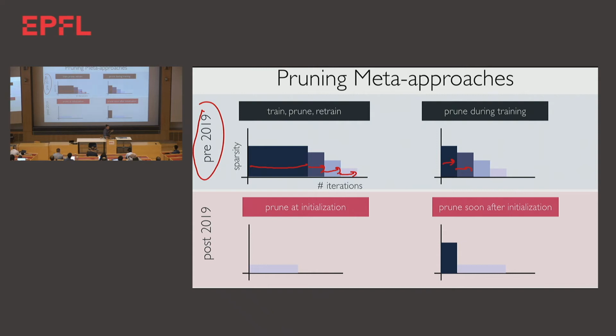For the post-2019 methods, pruning close to initialization is trying to get rid of the dense model as fast as possible, so you don't have to compute a lot and you don't have to store a lot during the whole process of training. Think of the amount that I need to train overall as a fixed budget, 1,000 epochs. How many of those 1,000 epochs do I deal with a dense model? That's the way to think about the two different families of pruning algorithms.